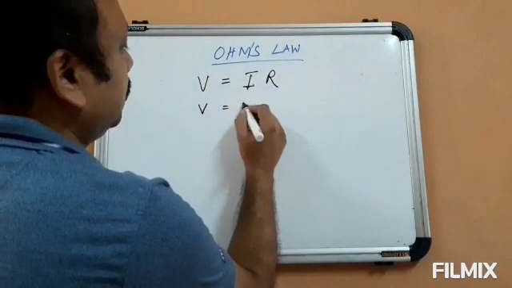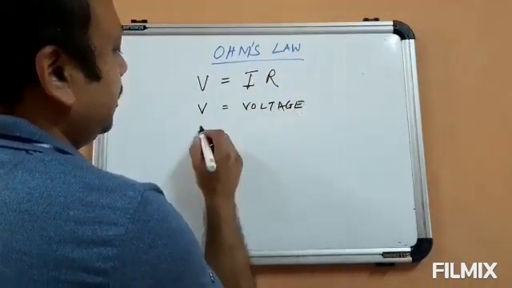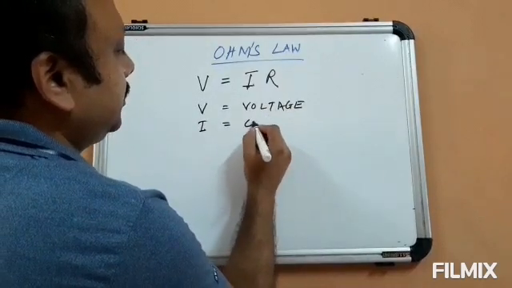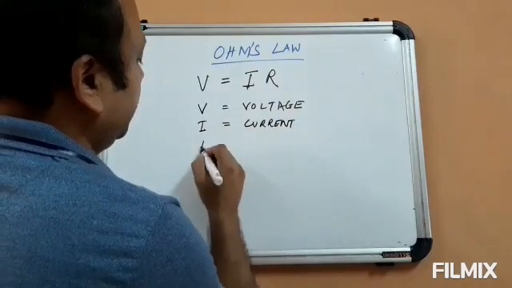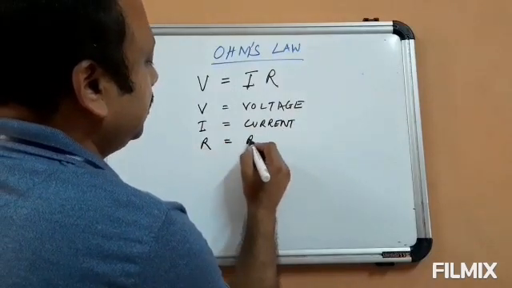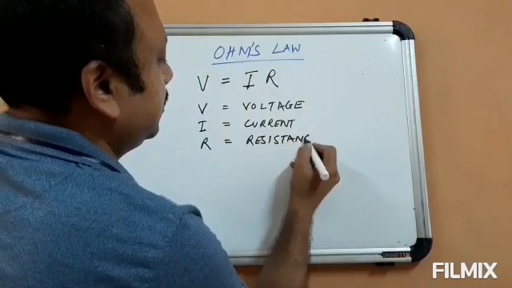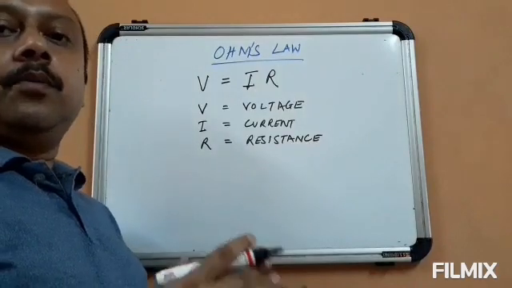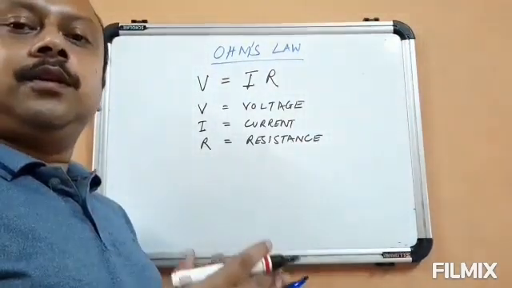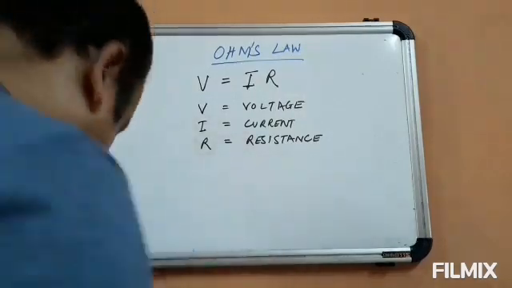V is equal to voltage, I is equal to current, and R is equal to resistance. I will explain this particular phenomenon or law using some of the basic things which you can find in a house or home.